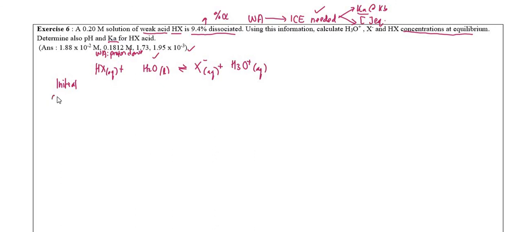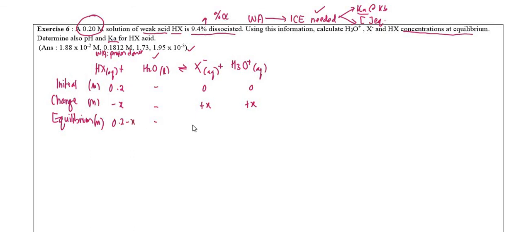Okay, this initial, change and equilibrium. This is your unit. Okay. Initial concentration, this 0.2, H2O not included, 0 and 0 here, minus X plus X plus X, 0.2 minus X, X and X.